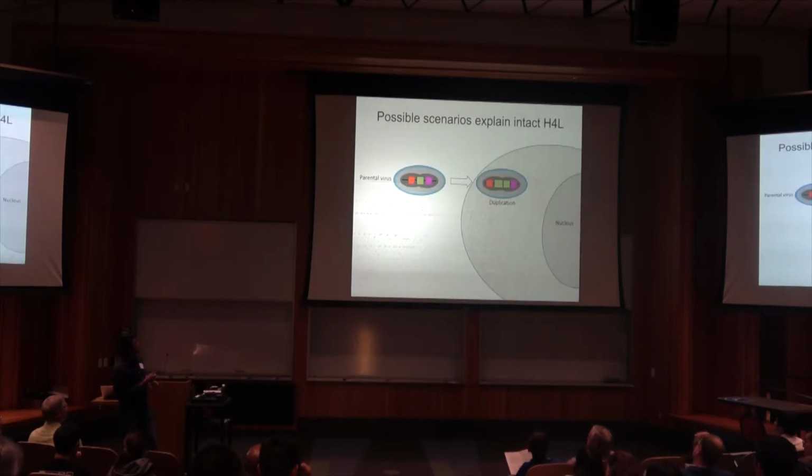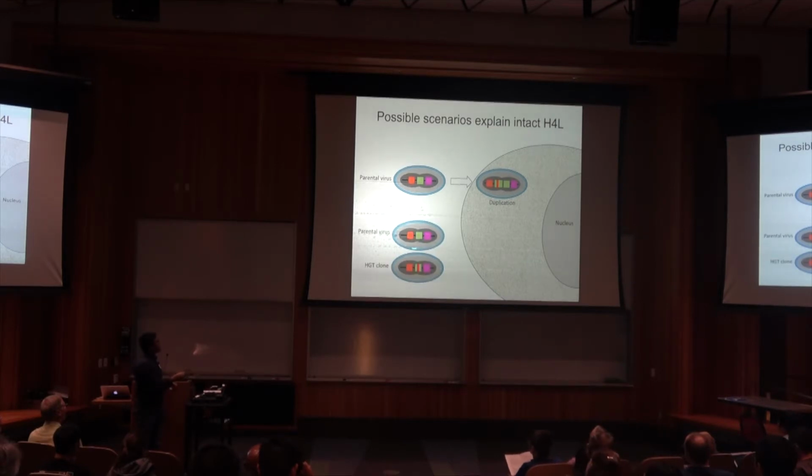So there are 2 possible scenarios that can explain this intact H4L. It can be that the virus has a duplicated H4L, or the coexistence of the parental virus and my clone, and they can complement each other in the cells, where clone 3 supplies the mCherry for the parental virus, and the parental virus can supply the intact copy of H4L.